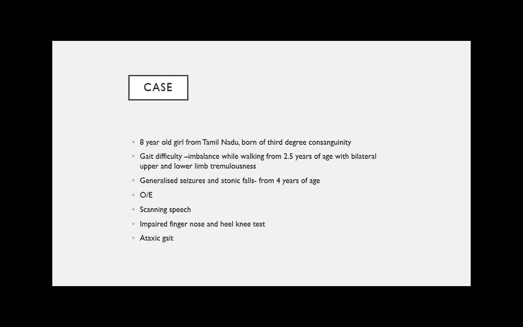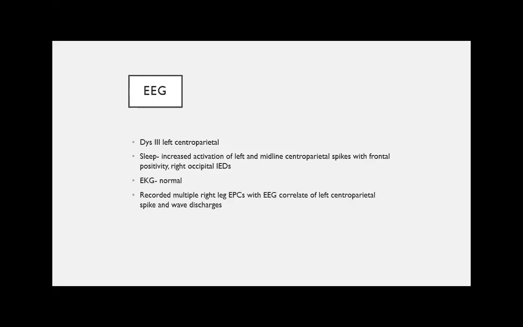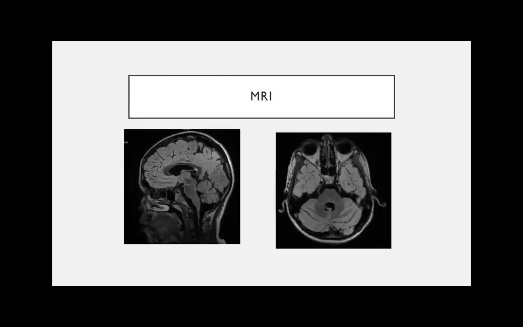On examination, she had scanning speech, impaired finger-nose and heel-knee test with ataxic gait. And EEG showed left centroparietal spikes with marked activation in sleep, some with frontal positivity, along with right occipital IEDs. And multiple right leg EPCs were recorded with the correlate of left centroparietal spike and wave discharges.